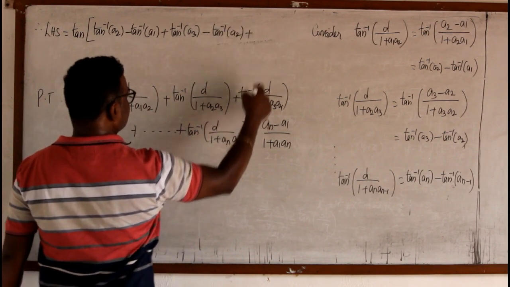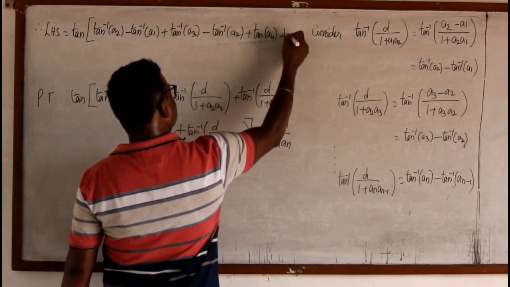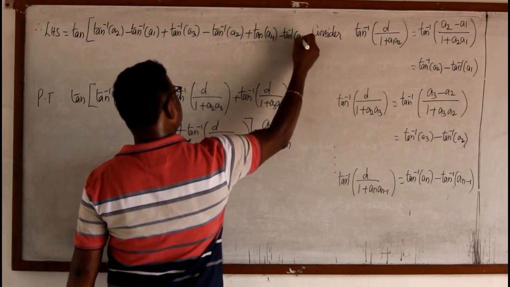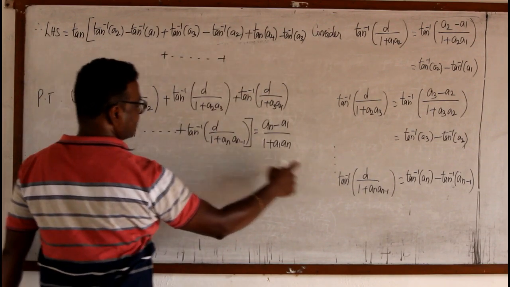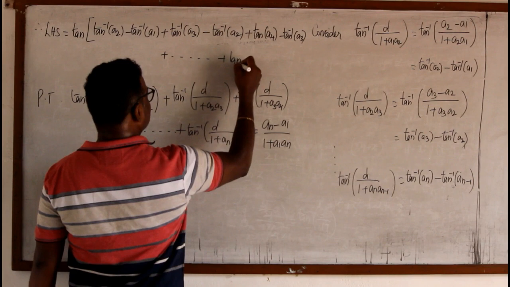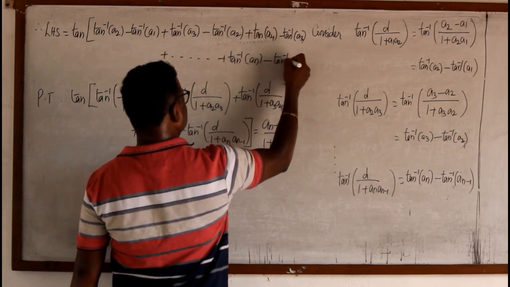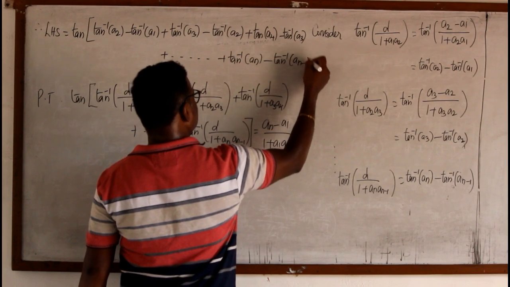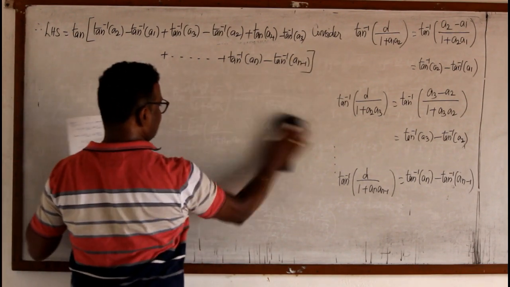Now for this one, can we predict tan inverse of a4 minus tan inverse of a3 plus etc. The final term will be tan inverse of an minus tan inverse of a(n-1). These are the elaborated terms now.